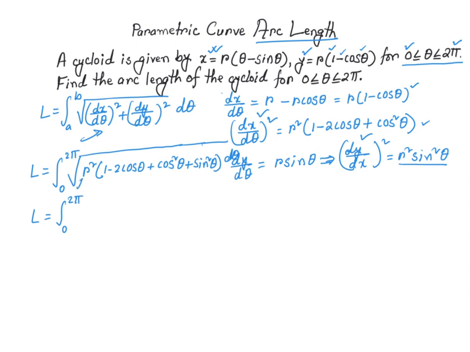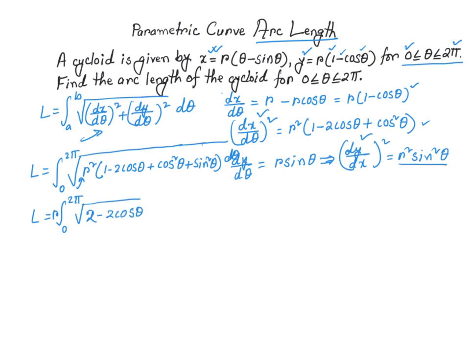Now there is an r square under the square root. I could just take it outside because r is a constant, which is the radius of the circle in this case. So it's going to be the square root of 1 minus 2 cosine of theta.